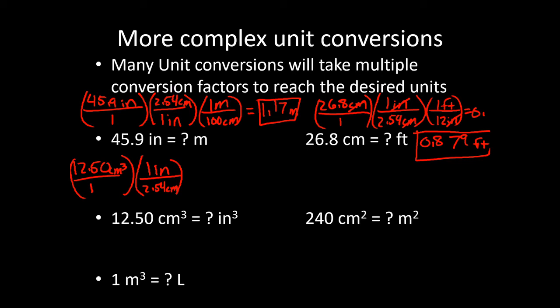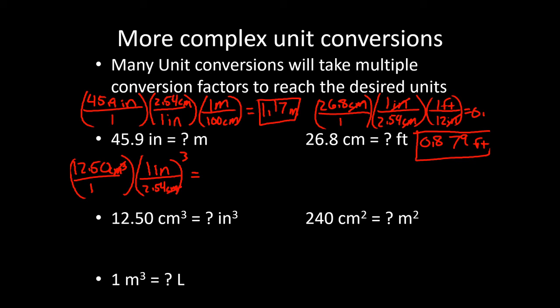So because we have 3 of those units, we actually need to perform 3 conversions, 1 for each unit. So we could do that by writing in 3 different conversion factors, or we could just take this one conversion factor and cube it. And I would rather do that. Save me some space and some writing. So by cubing this whole thing, we will have inches cubed and centimeters cubed, which will cancel out those centimeters there.